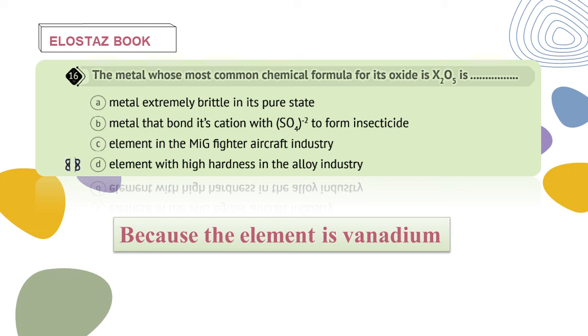So the right answer will be letter D, element with high hardness in the alloy industry, where we use vanadium pentoxide, which is V2O5. Okay, let's go into question 17.